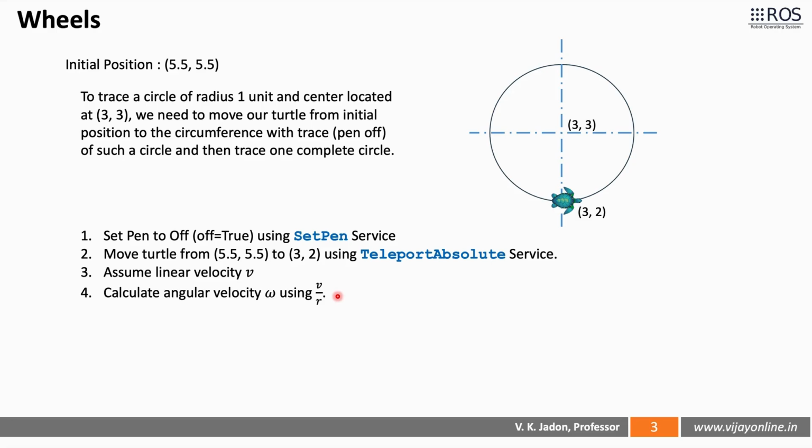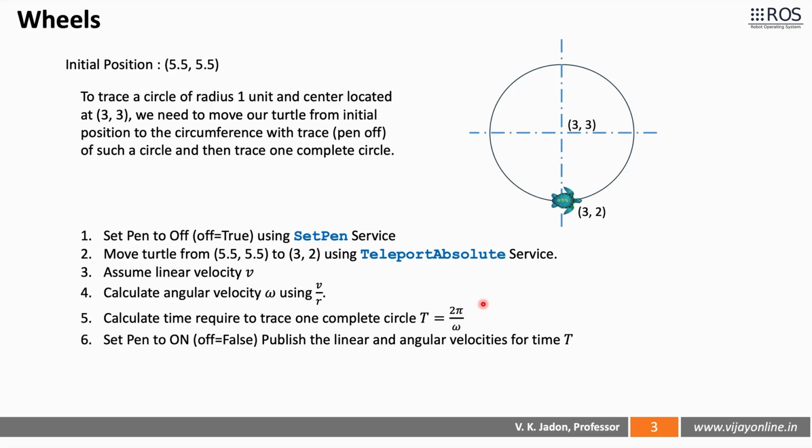Then we can assume any linear velocity and calculate the angular velocity using v by r, where r is given as 1 unit. Then we can calculate the time to trace one complete circle, which is 2 pi by omega, and for that much time we have to publish the command velocity. That is what is essential to understand.